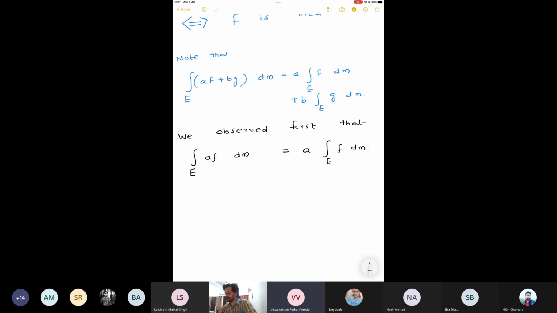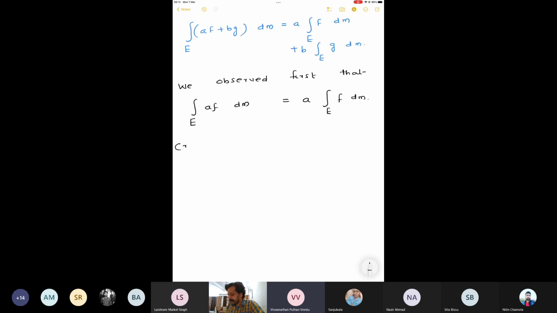assuming a is non-zero. The crux of the matter is the observation that phi is simple if and only if a phi is simple, a not equal to 0.